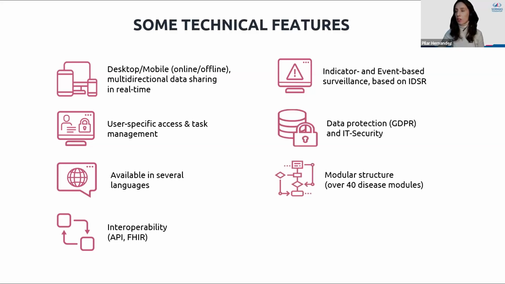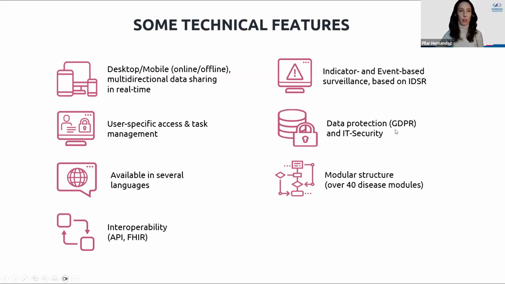The data protection and security concept in SORMAS is very comprehensive, and this is partially because it has been implemented and used in European countries, and this has made the SORMAS concept for security and data protection develop very much.